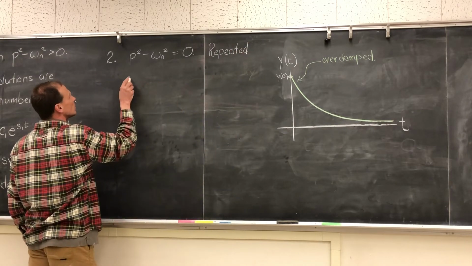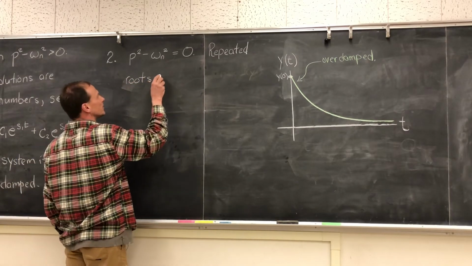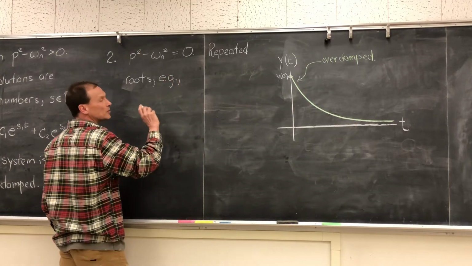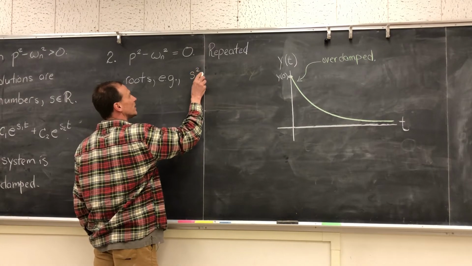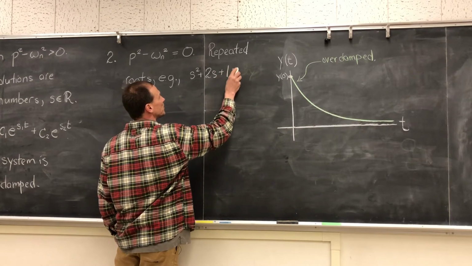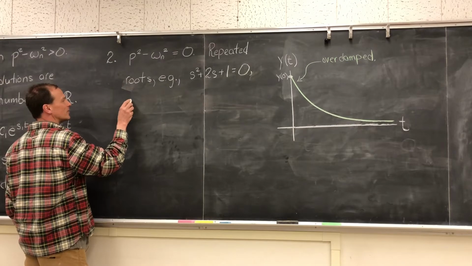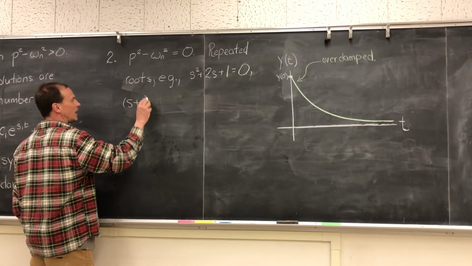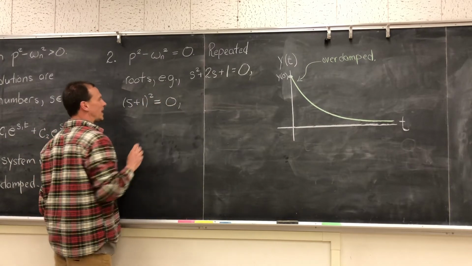For example, a very simple example would be s squared plus 2s plus 1 equals 0, because it factors into s plus 1 squared equals 0.